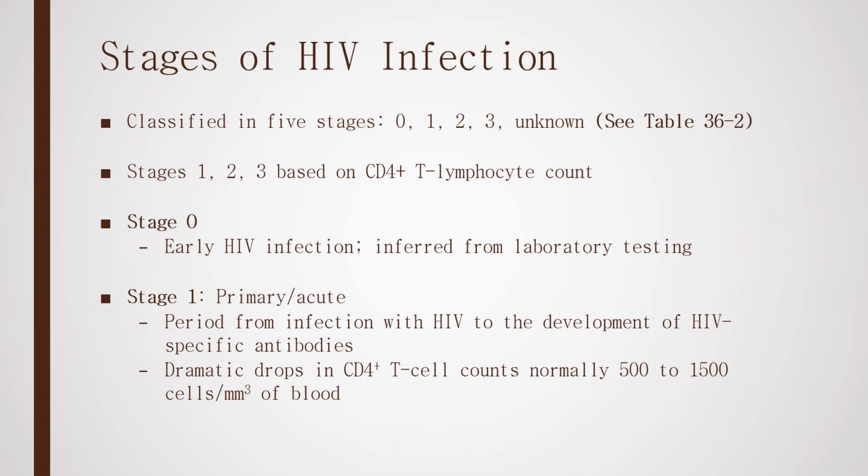As I said, this is stage 1 that is mostly asymptomatic. In this prolonged chronic stage, patients feel well and have few, if any, symptoms. Apparent good health continues because CD4 plus T cell levels remain high enough to preserve immune defensive responses. But over time, the number of CD4 plus cells continues to decrease.